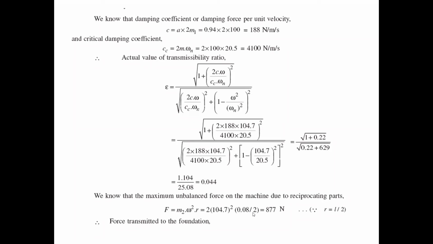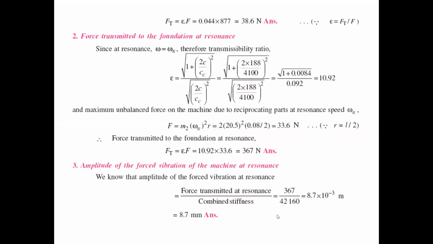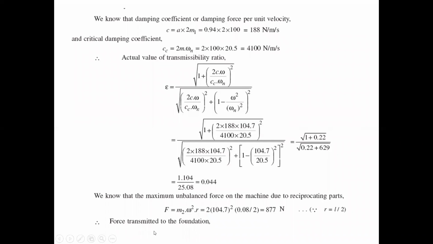They have given only the stroke value, so r is half of the stroke value, that is 0.08 by 2. Then make the calculation, and we get 877 newtons. So this is the F value, the unbalanced force on the machine parts.